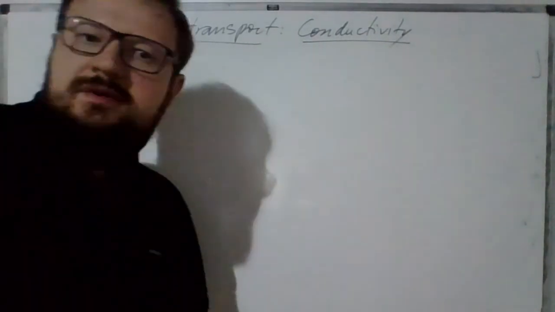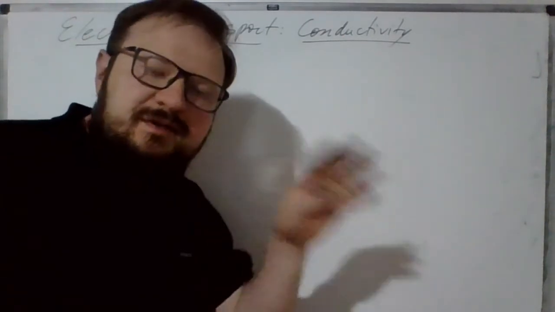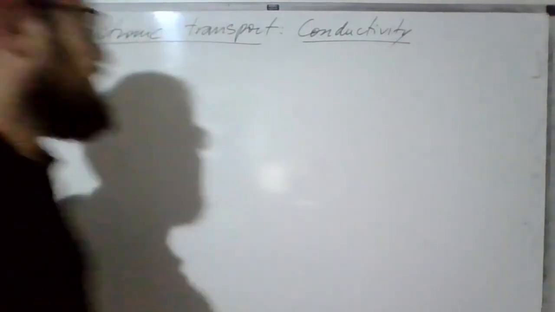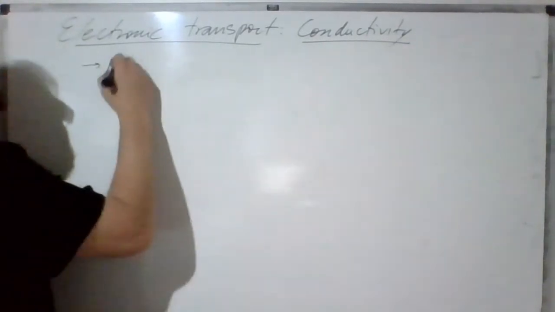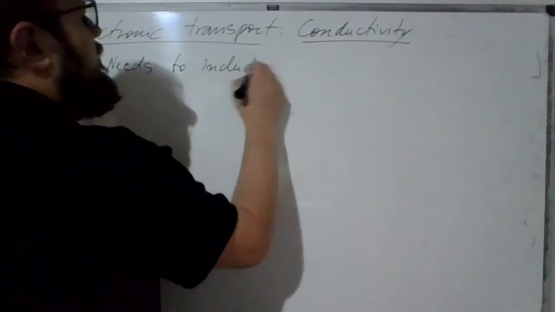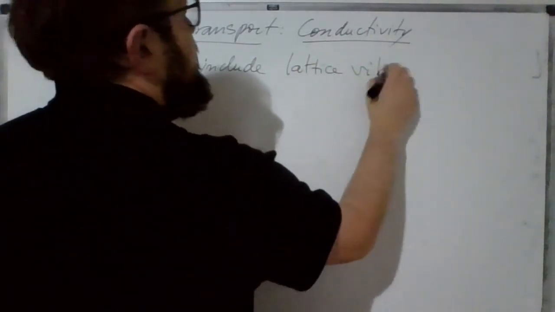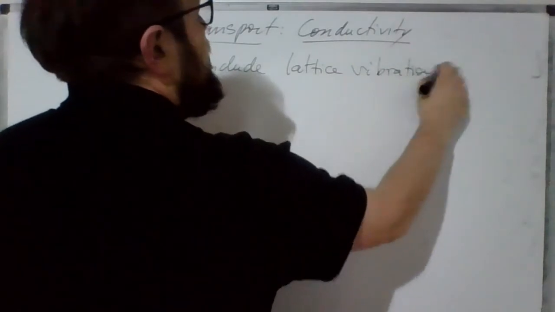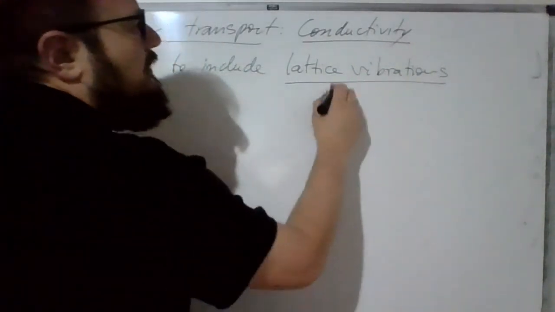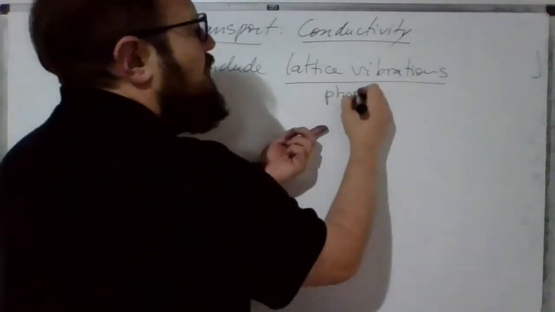The proper calculation cannot be done in the context of a free electron gas purely because you need to include lattice vibrations, at least. Okay, these lattice vibrations, when quantized, go by the name of phonons.